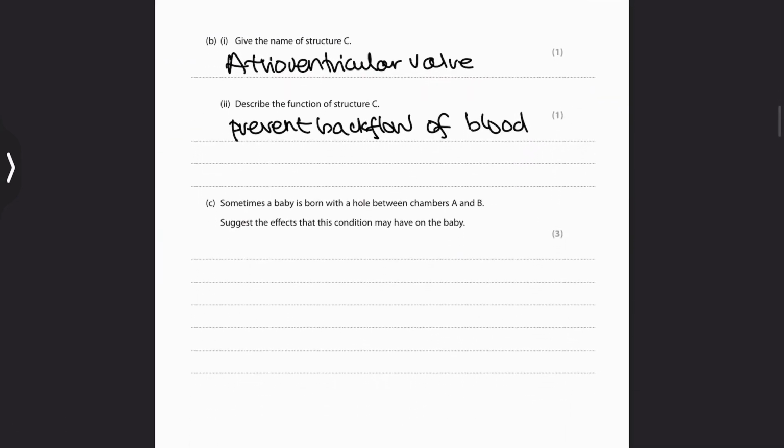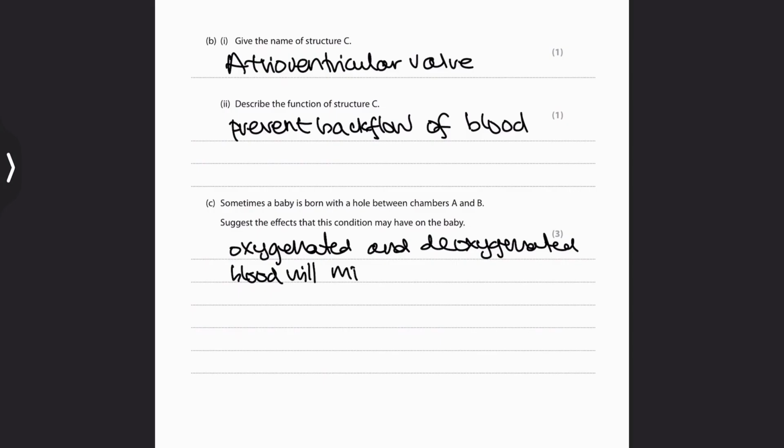So you would say oxygenated and deoxygenated blood will mix, right? It'll mix.